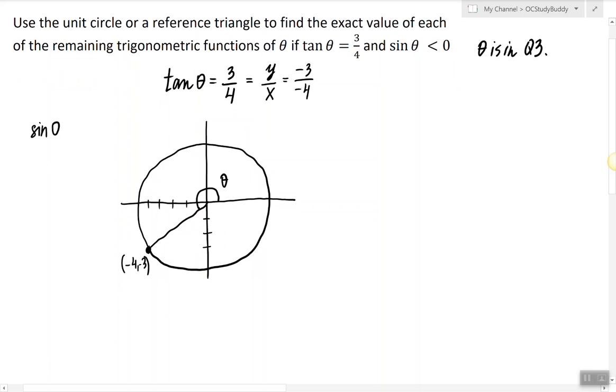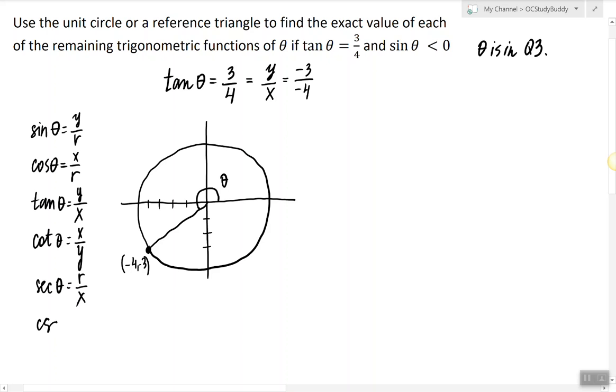Sine of theta is equal to y over r, cosine of theta is equal to x over r, tangent of theta, we already have that one, is y over x, cotangent of theta is x over y, secant of theta is r over x, and cosecant of theta is r over y. So as long as we know x, y, and r, we'll know all 6 trigonometric functions.